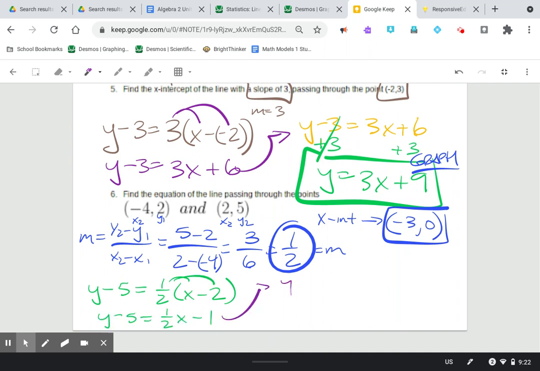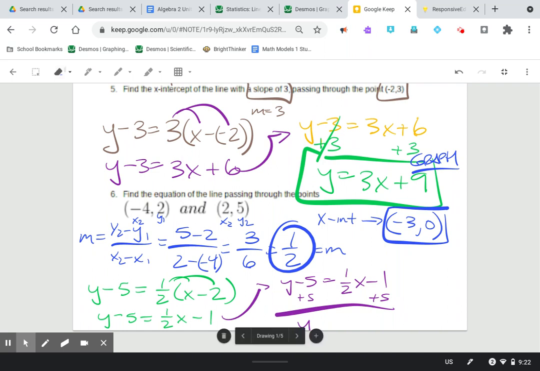Y minus 5 equals 1/2 x minus 1. We're going to add 5 to both sides. And the final answer is y equals 1/2 x plus 4. And then that's the end of that. All you do is find the equation.